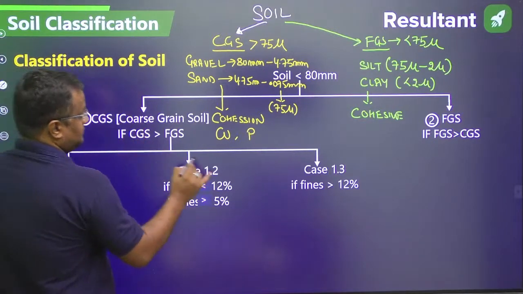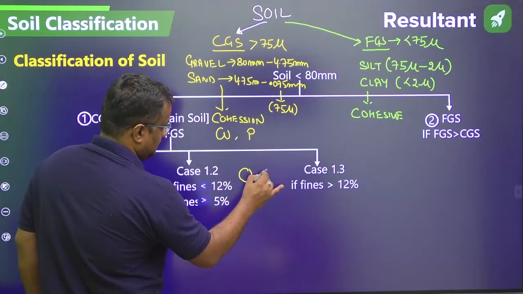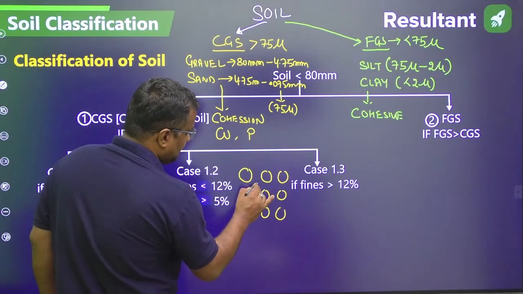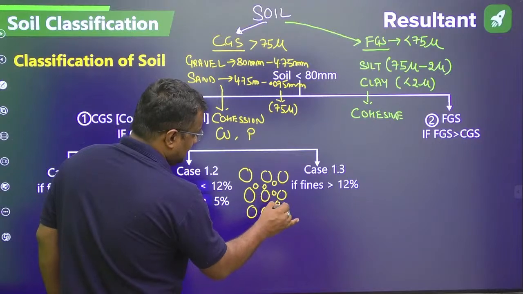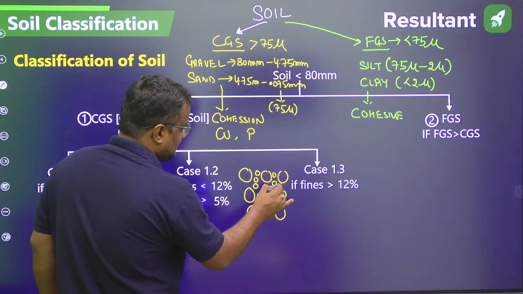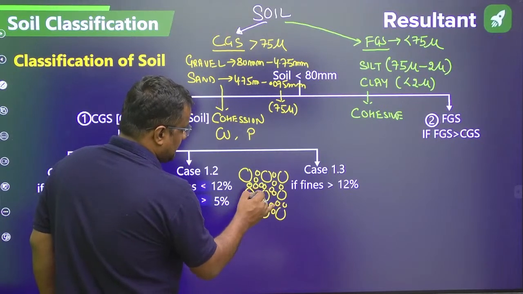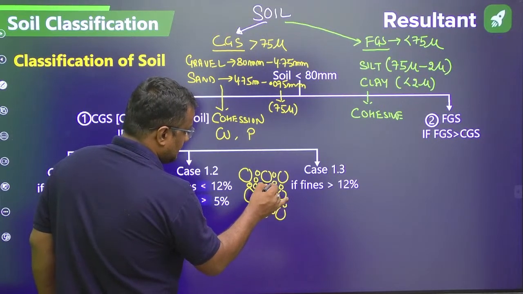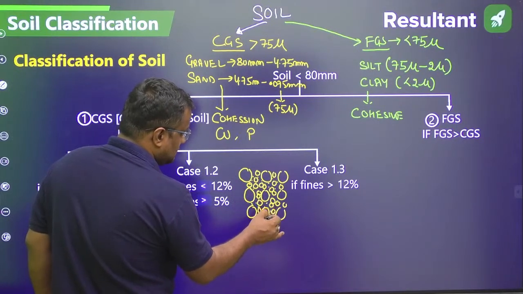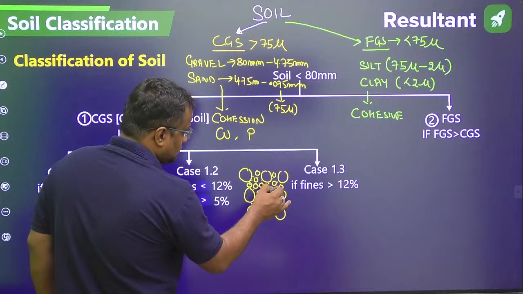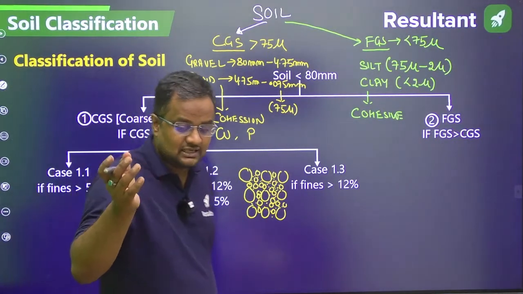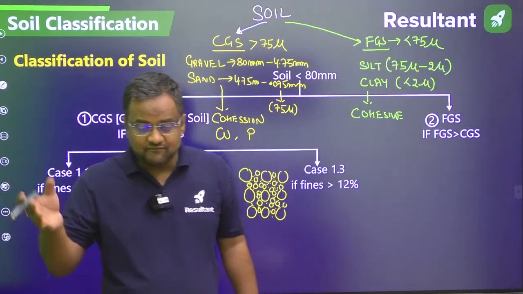Well graded means, suppose there is a soil like this: big particles are there, medium size particles are there, and small particles are also there. Large, XL, double XL, medium, small, everything is there.